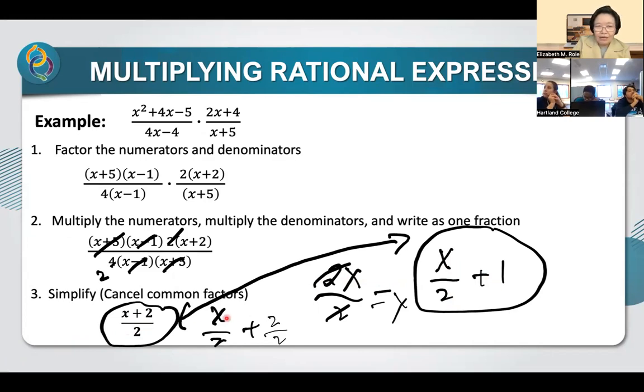But the final answer is x plus 2 over 2 because we want our final answer to be one fraction as of the moment rather than separating them. We will be talking about adding fractions later on. But as of the moment, x over 2 plus 1 can be added as x plus 2 over 2.